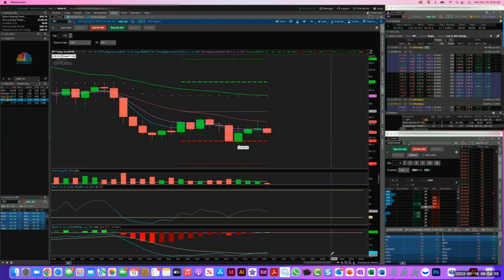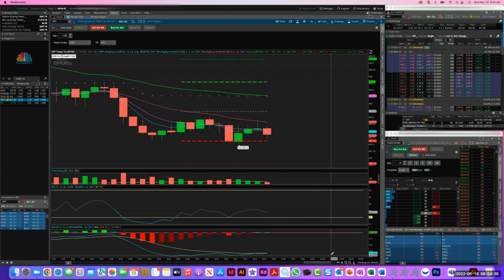There is resistance all the way up right now on the 30-minute chart for the SPY at 403.59, and on the 1-hour chart at 404.12. There's the 5-day and also the 200.